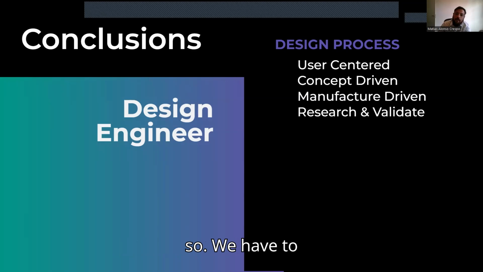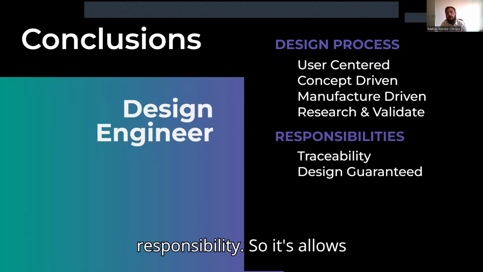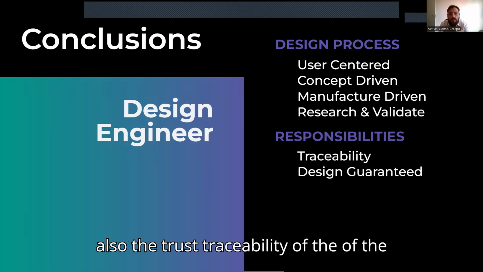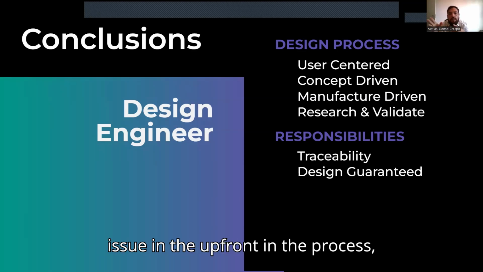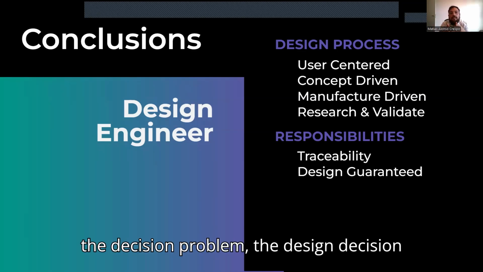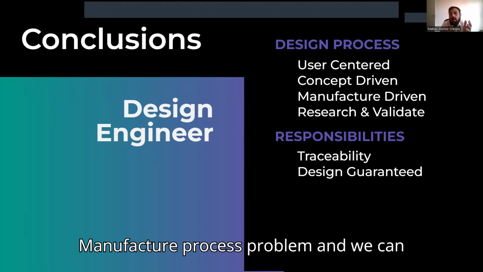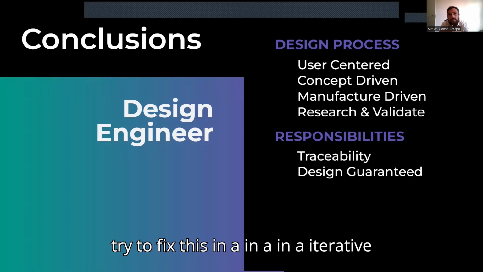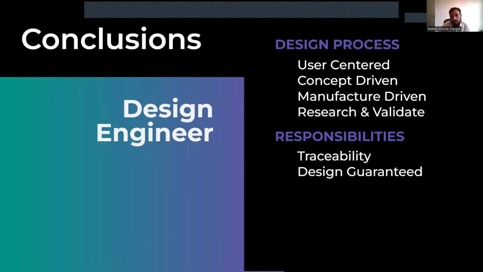So we have to research and validate. We have our responsibility. So it also allows the traceability of the design process. If we have an issue upfront in the process, we can go back and see if it was a design decision problem, or it was a manufacturing process problem, and we can try to fix this in an iterative way so we can achieve better results.